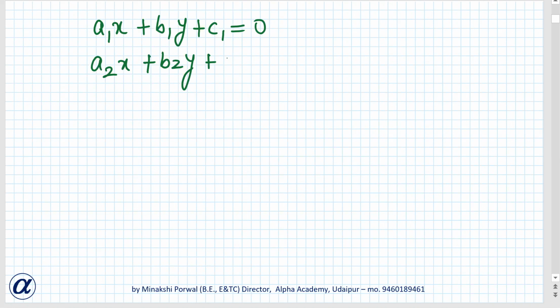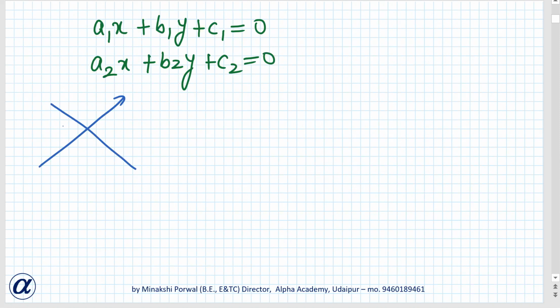Now, in class 10th, we have a pair of linear equations in two variables. That means we have two equations, a1x plus b1y plus c1 equals 0, and a2x plus b2y plus c2 equals 0. If we have two equations, when we plot the graph we'll have two lines.